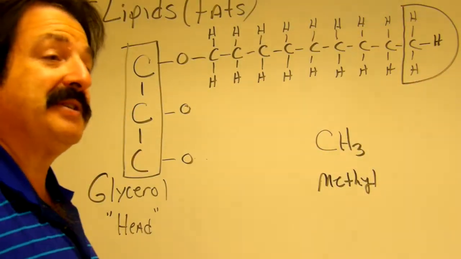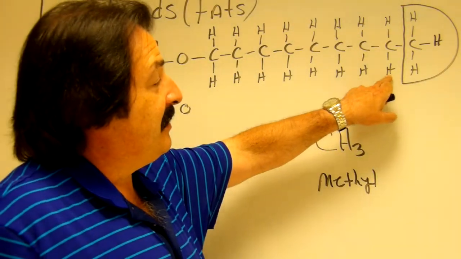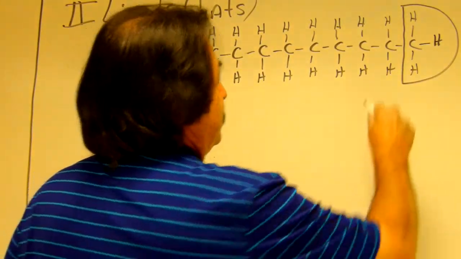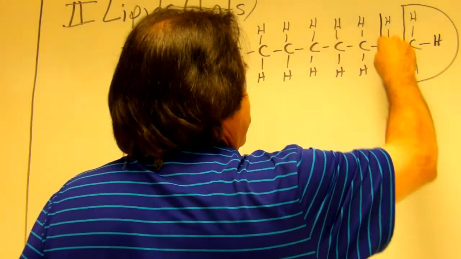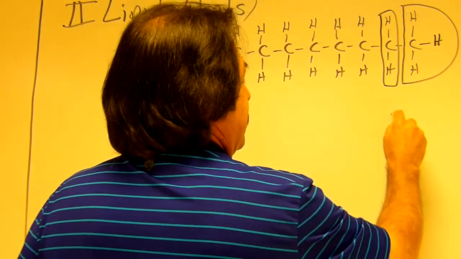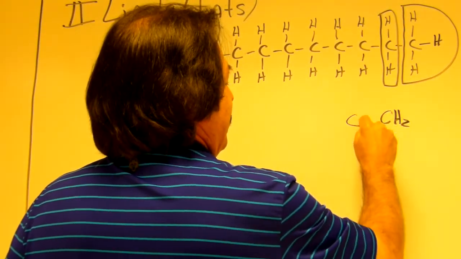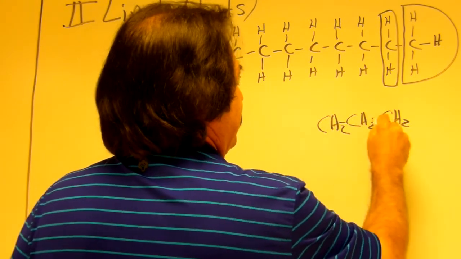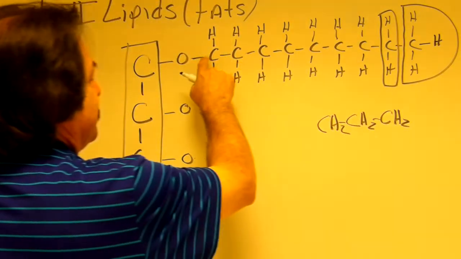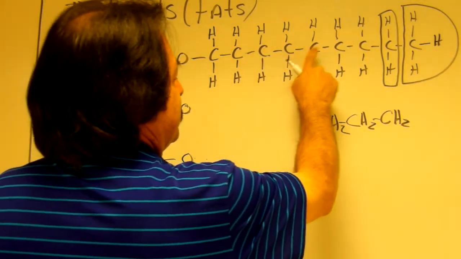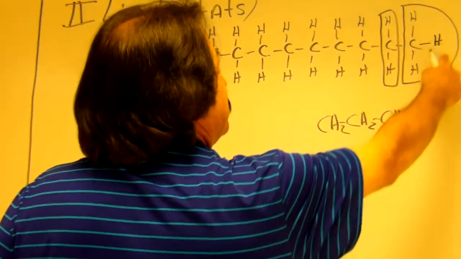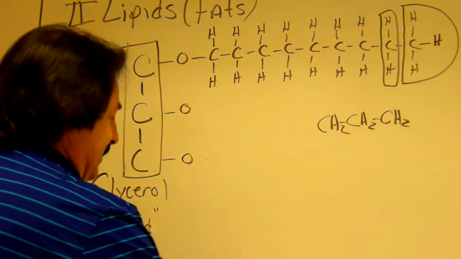But for what we're studying, this is our methyl group. Okay? This right here, CH2. In fact, we have a bunch of CH2s bound together all the way down here. CH2, CH2, CH2, CH2, CH2, CH2, CH2, CH2, CH3. Okay?